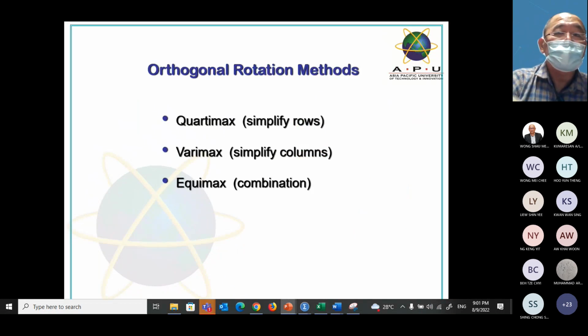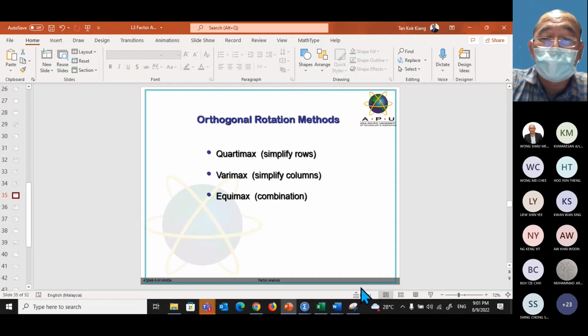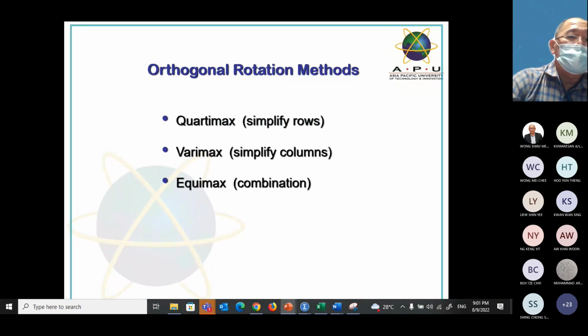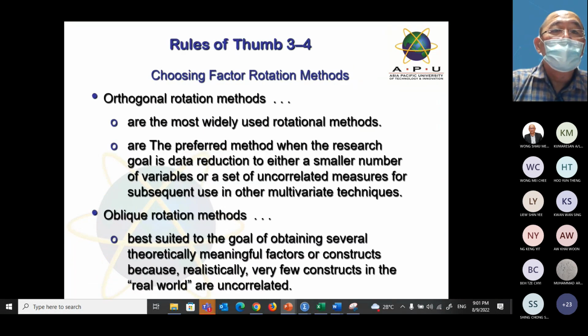I mentioned just now, these three all belong to the orthogonal rotation methods. When you are free, you can test them one by one. Actually, oblique is more practical. Orthogonal rotation is the most widely used rotational method.